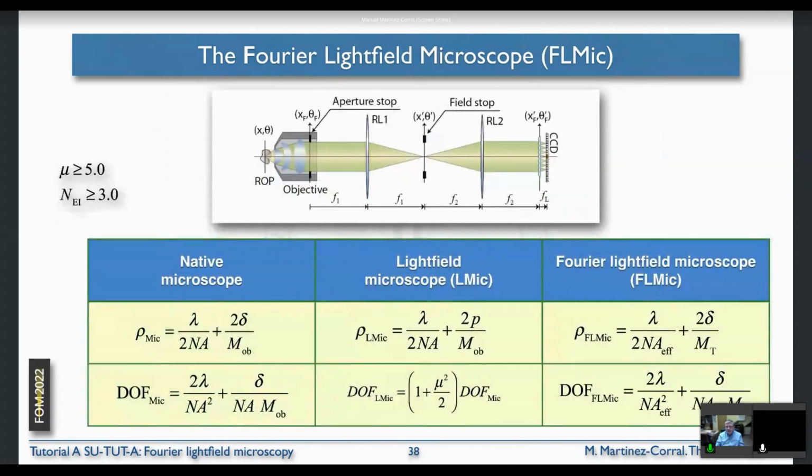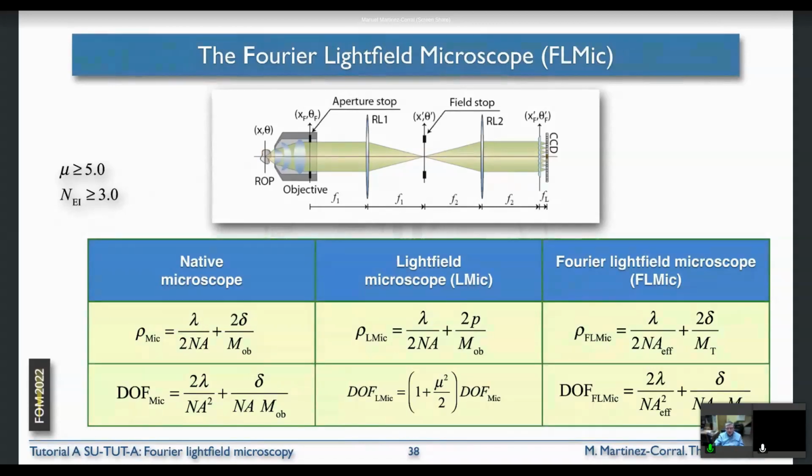So then we can make some calculations. Which are the equations that govern this? So the native microscope I showed you before. The Lightfield microscope, 2006. These are the equations. I haven't explained them, but it is published elsewhere.